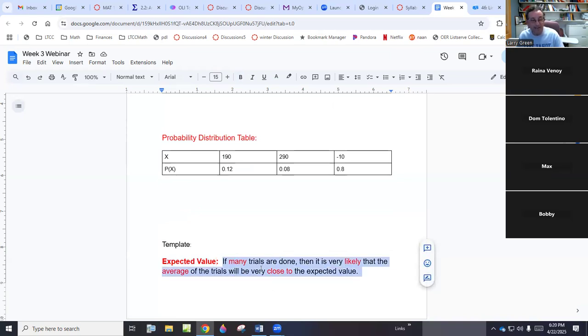If many trials are done, then it is very likely that the average of the trials will be very close to the expected value. Let me ask you if you get to have an idea. Why did I say those specific words very loud?